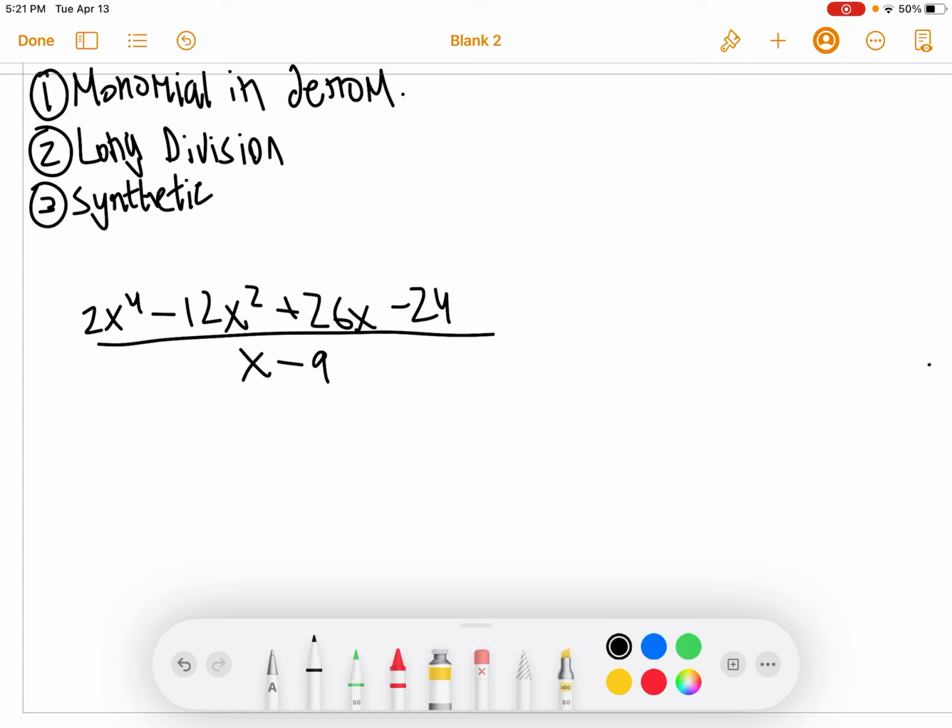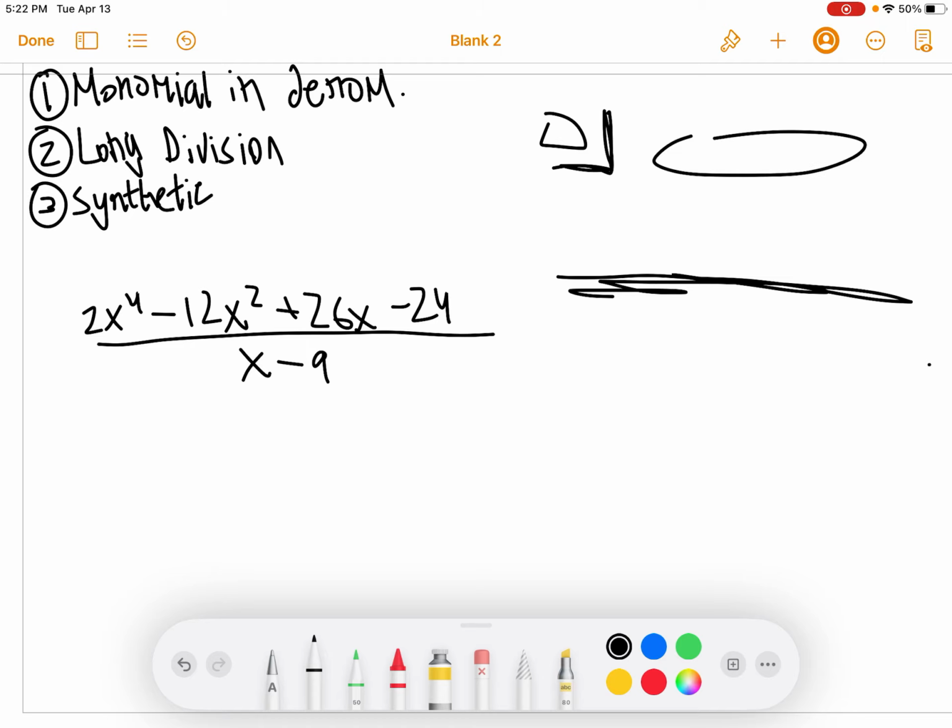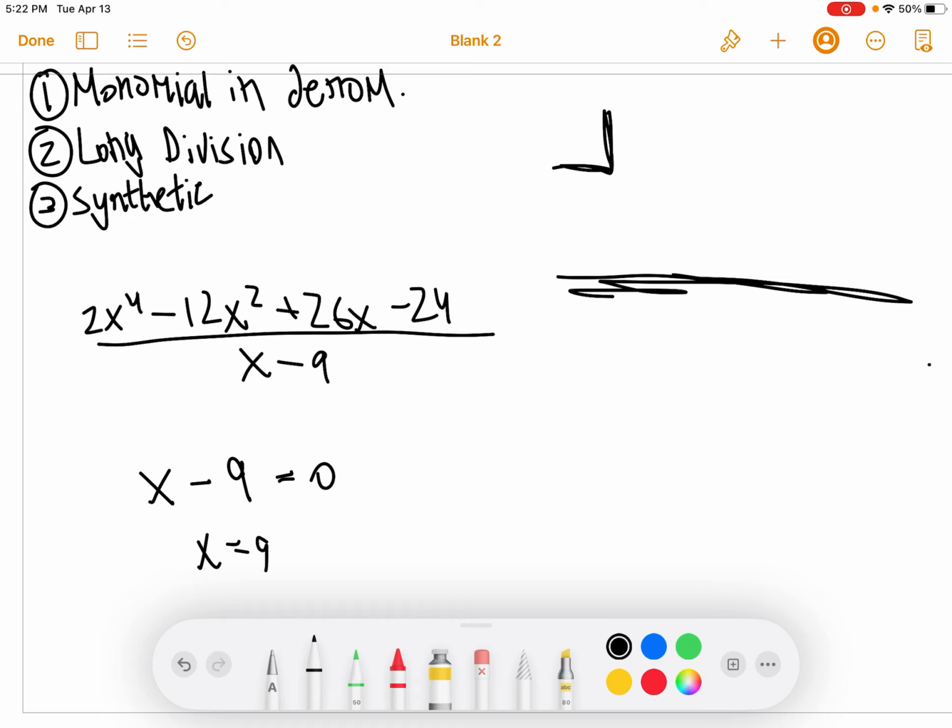You first need to draw a little angle thing and then a line like this. That might look weird, but here's what we're going to do. You have to put something right here, and you have to put things right here. But what things do you put? Well, what you put right here is you take this, you set it equal to 0, and you figure out what it would be. Obviously, x equals 9. So you put 9 here.